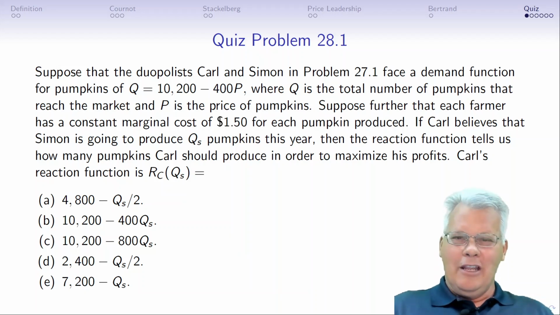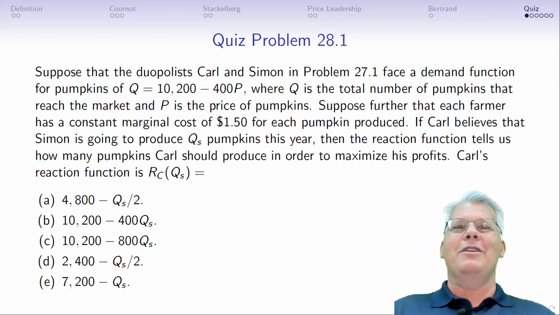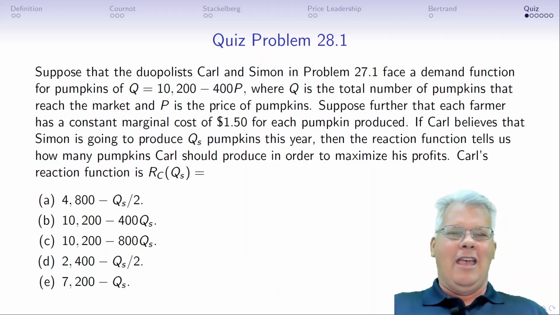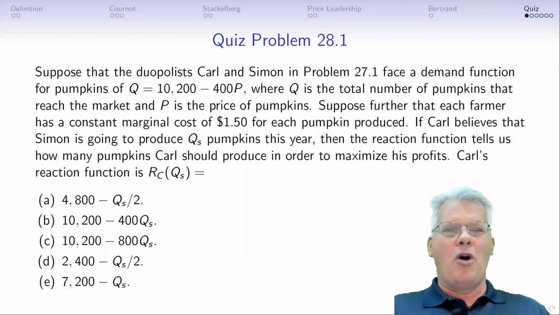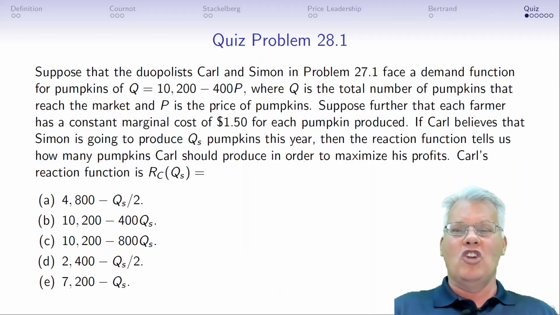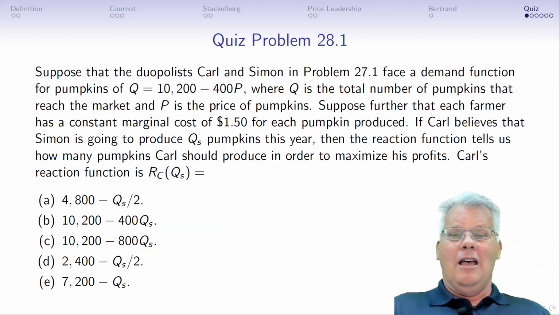So in Professor Bergstrom's intermediate micro workbook, we were introduced to the dueling duopolists Carl and Simon. They face a demand function for pumpkins, and there's a price. Suppose that each farmer has constant marginal cost of $1.50 for each pumpkin produced.